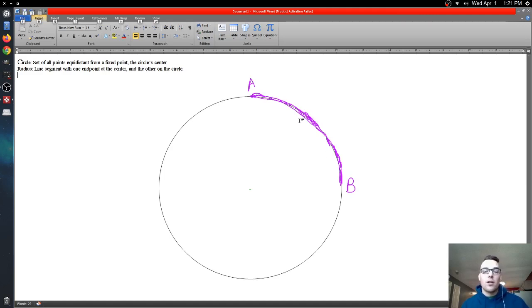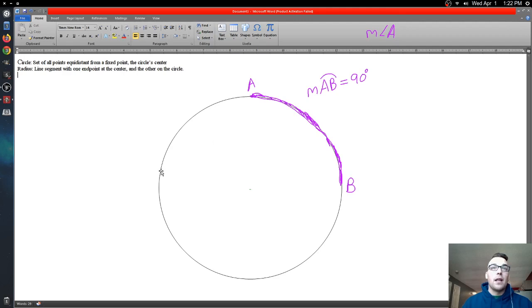We measure arcs in the same unit we do angles, with degrees. So how I'd write that is really simple. The same way before we would say the measure of angle A, we would just say the measure of arc AB is equal to 90 degrees. And we might specify somewhere in there that I'm talking about minor arc AB, or major arc AB would be 270 degrees.